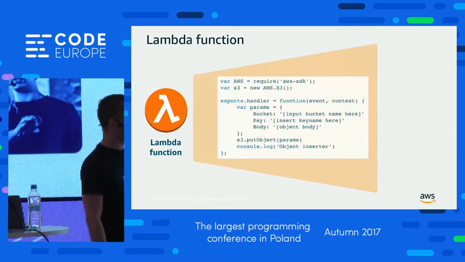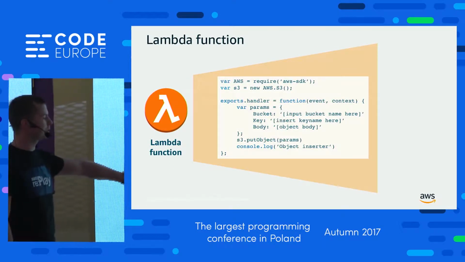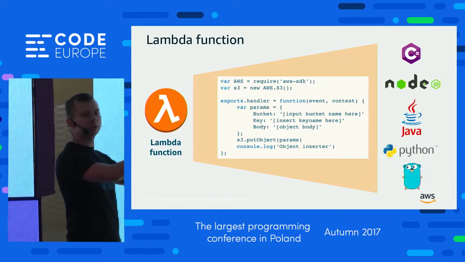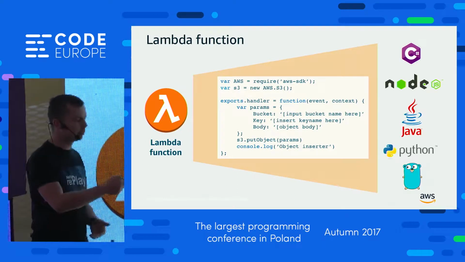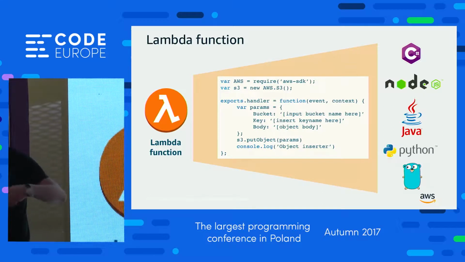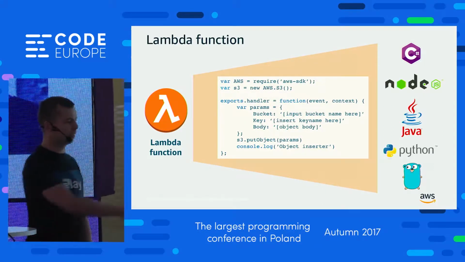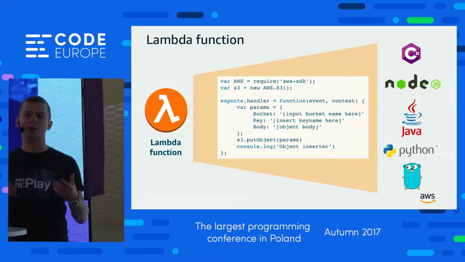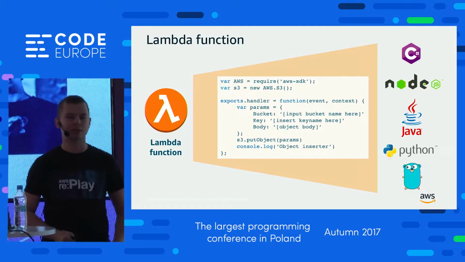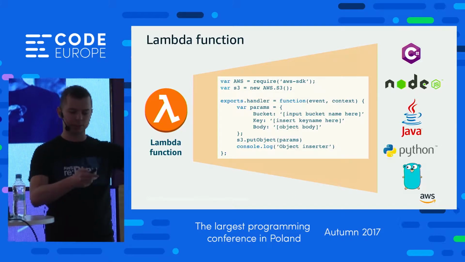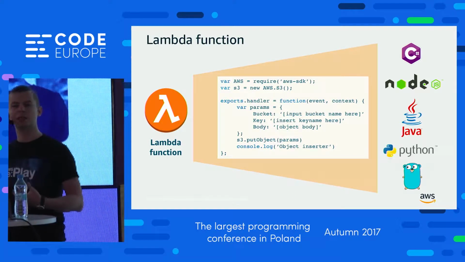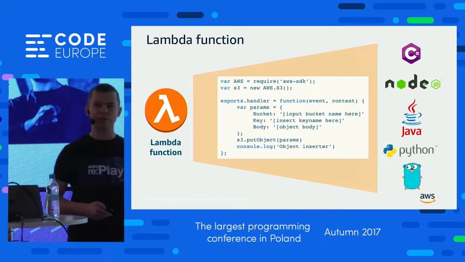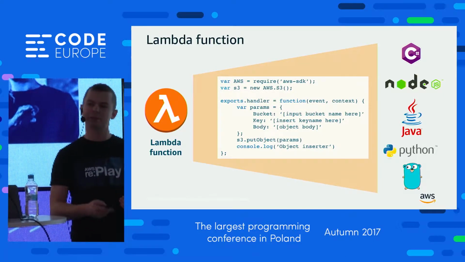In short, how does it work? We go to the cloud and put a piece of code. This can be written in Java, Node.js, Python, .NET Core, and now Go was announced. So we write this microservice, throw it to the cloud, and say, dear cloud, manage this.